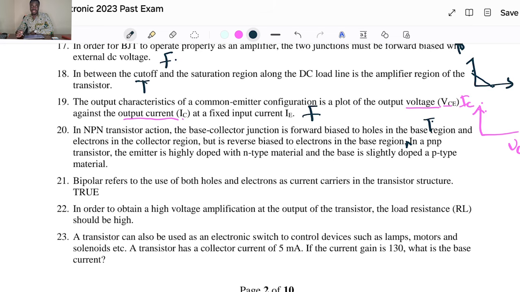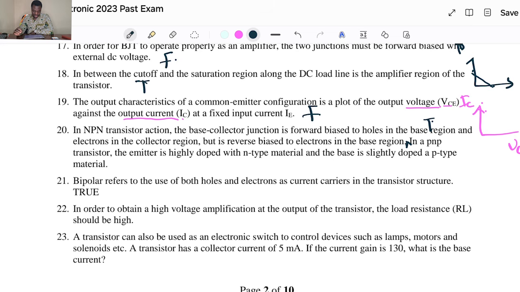Because when you have an NPN transistor action, the base collector is forward bias. We know the base collector is going to be what? Reverse bias, right? That means when it comes to the holes that are going to the base, there's going to be forward bias to the holes in the base region and the electrons in the collector region. But it's going to reverse bias to electrons in the base region. So we get this to be true.